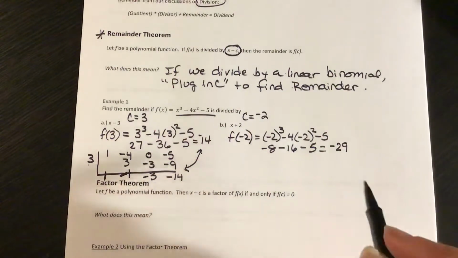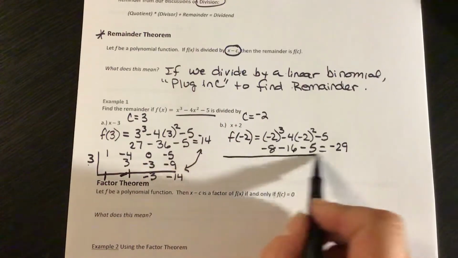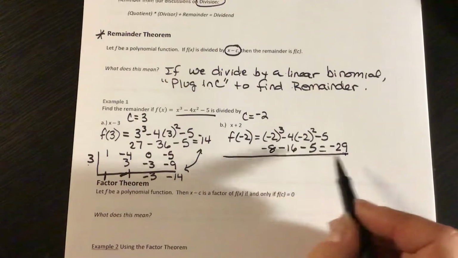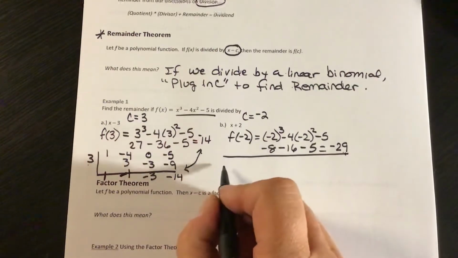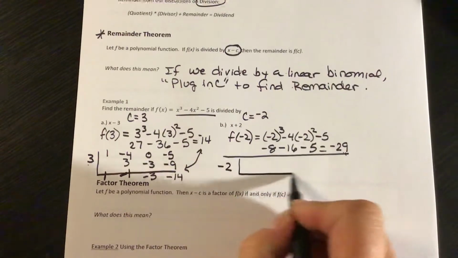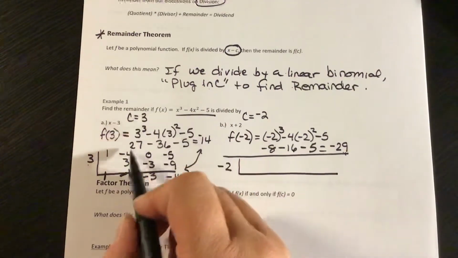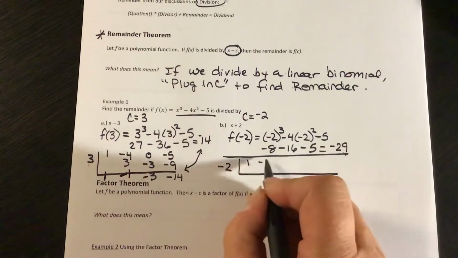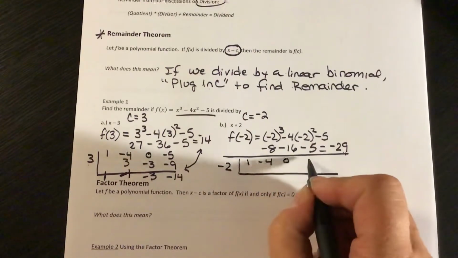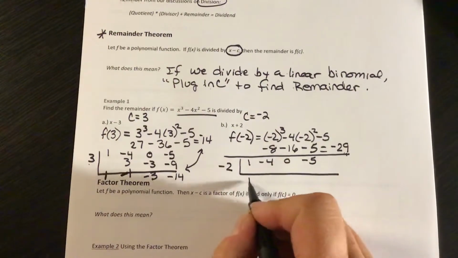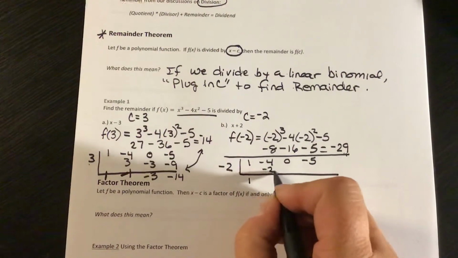All right, so if I do synthetic division, just showing you that that should be the remainder I get, I'm going to take negative 2, and my coefficients are the same coefficients over here. So 1, negative 4, 0, and negative 5. Bring down 1. Negative 2 times 1 is negative 2.